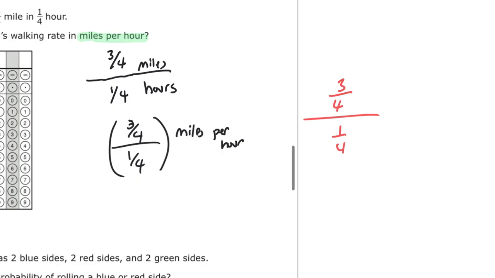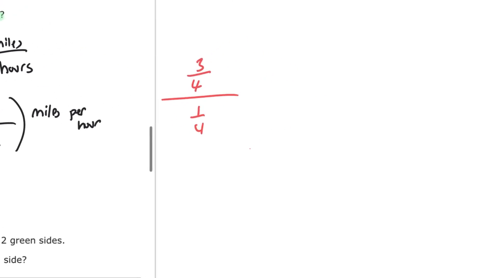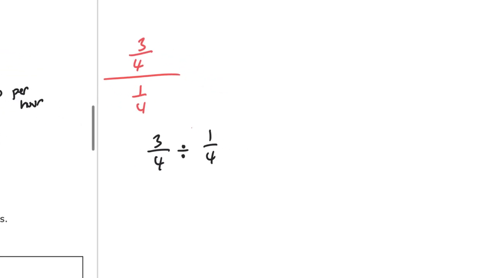And then you'd just be left with 3 over 1. However, I want to remind you that anytime you have a fraction over another fraction, that's really the top fraction divided by the bottom fraction. And that could be rewritten as 3/4 divided by 1/4. I mean, that's really what the red thing is saying.